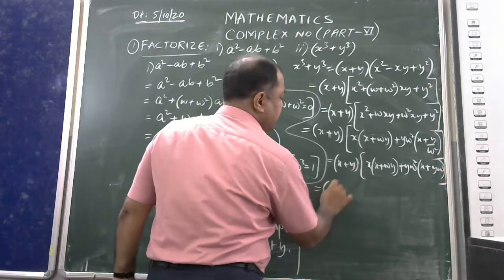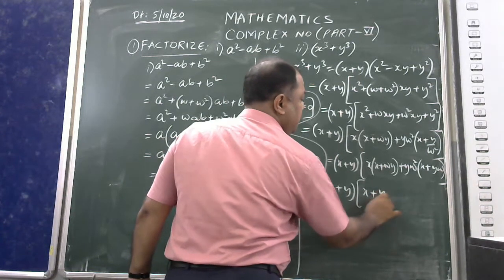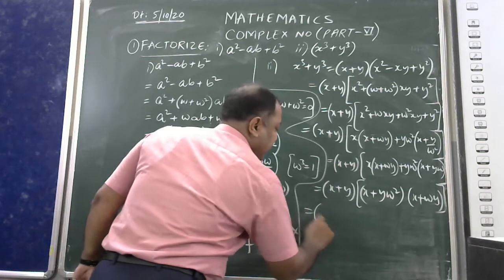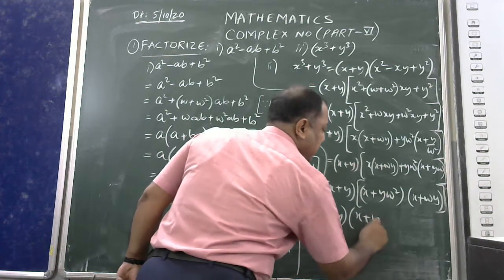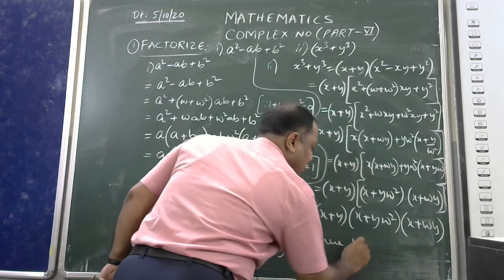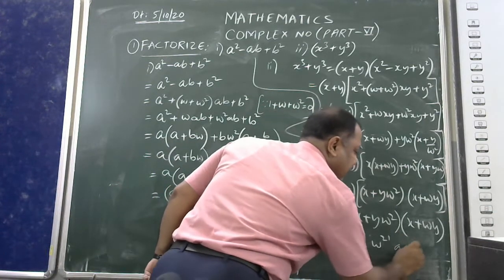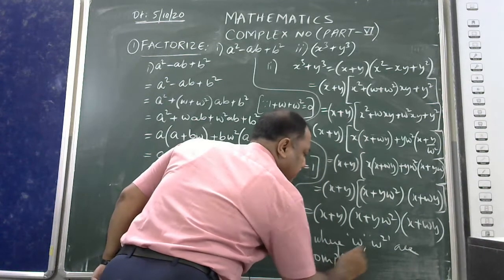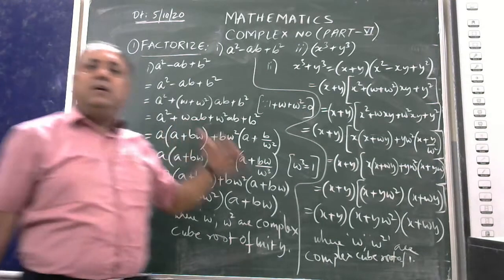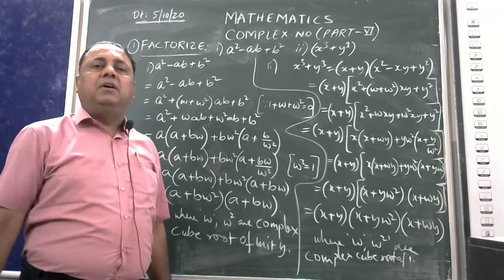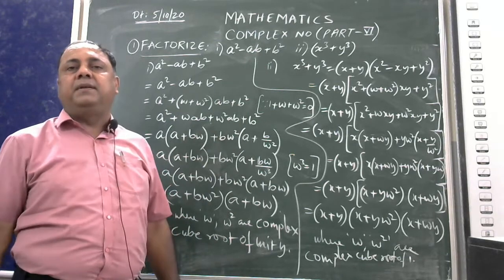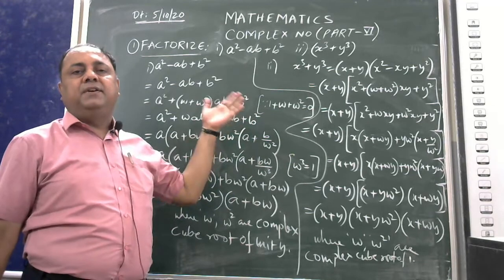That is x plus y omega square into x plus omega y, where omega and omega square are complex cube roots of 1. So therefore, I have worked out two problems, that how do we factorize in case of complex numbers. If these two types of problems are given, you will factorize using the technique we have shown.